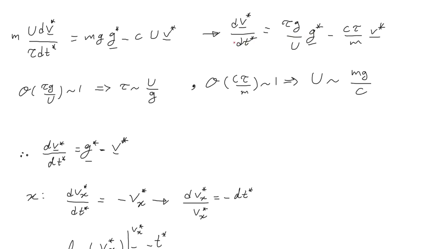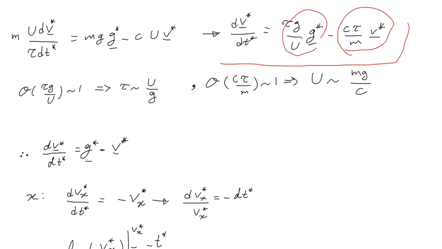I can rearrange it, keep this derivative on the left-hand side, and put the coefficients to the right-hand side, and have the equation here. Okay, and so we want all these terms to be significant. So here comes the scale analysis. We want to have this term and this term in our analysis. We don't want any of them to be negligible with respect to the other, right?